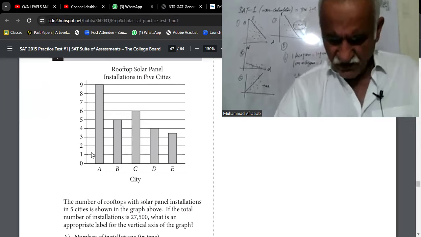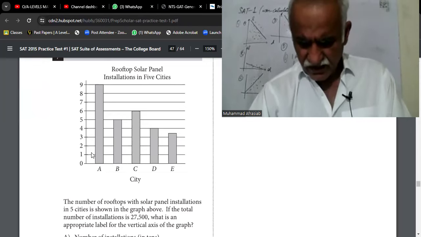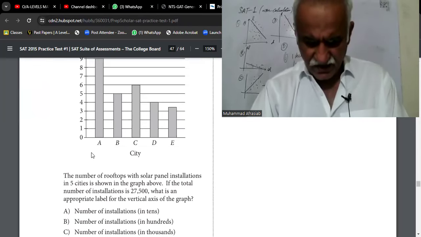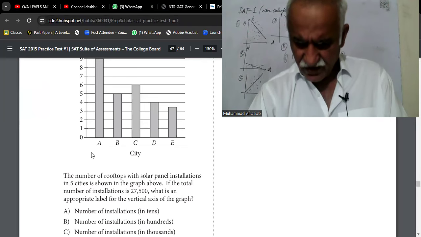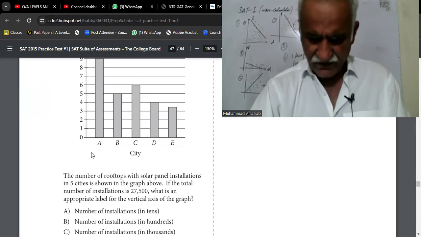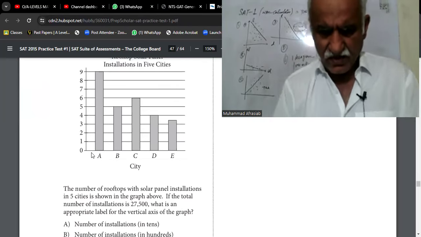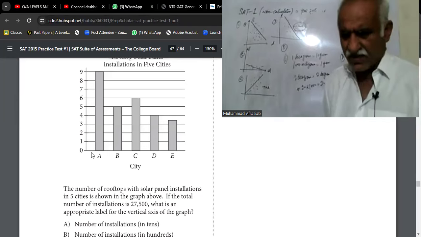The graph shows the number of rooftops with solar panel installations in 5 cities, as shown in the figure above. The total number of installations is 27,500. What is the appropriate label for the vertical axis of this graph?